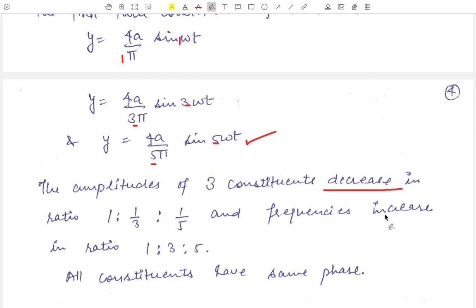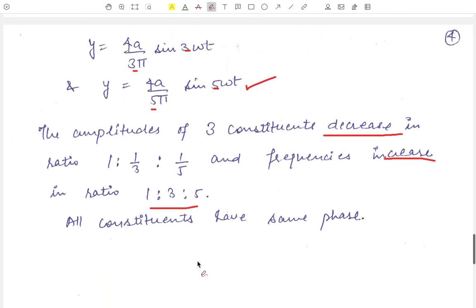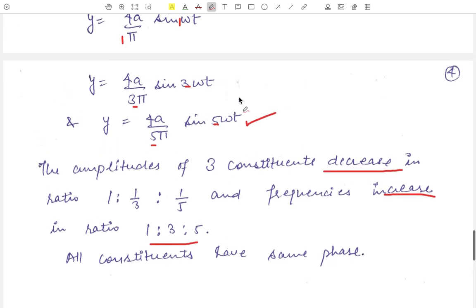That is, the frequencies increase in the ratio 1, ratio 3, ratio 5. This is the same for all the constituents. If we take more terms here, we will have the same ratio for them as well. So all the constituents have the same phase. Here we have no extra term in the angle in the sine. That is, all the constituents have the same phase here.